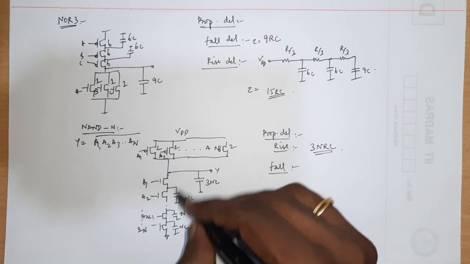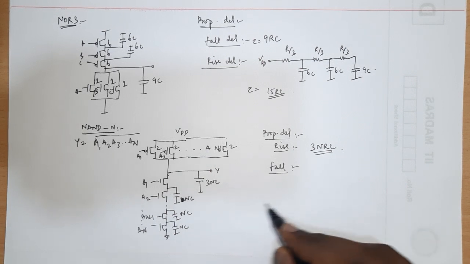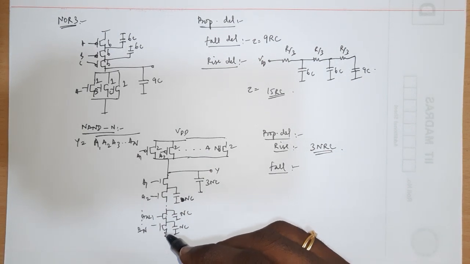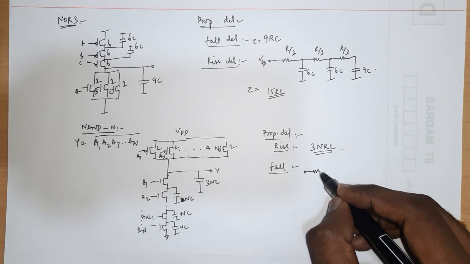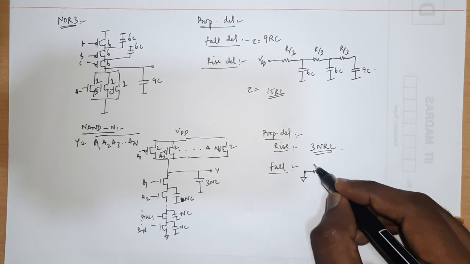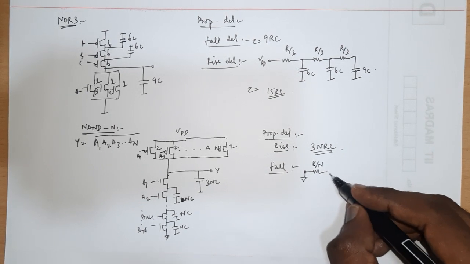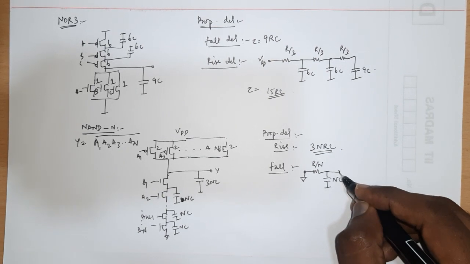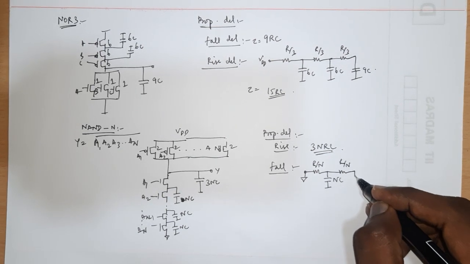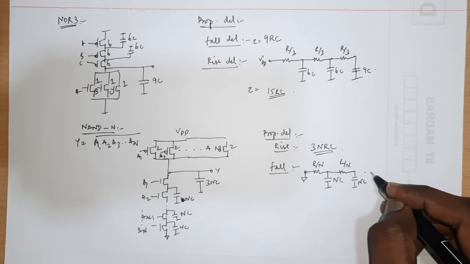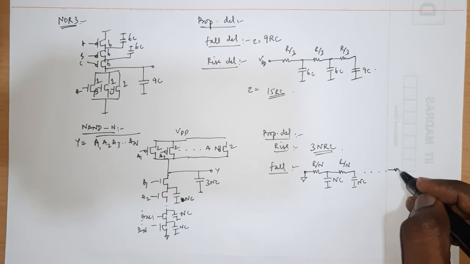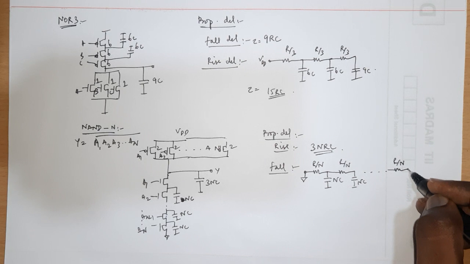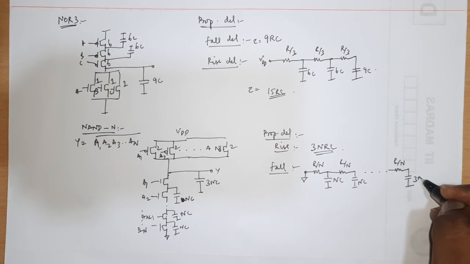The fall delay is a little bit involved, you have to use Elmore's relationship. From the ground you have R by N, then NC, again R by N, NC, and it goes on like that until you have R by N and 3NC.